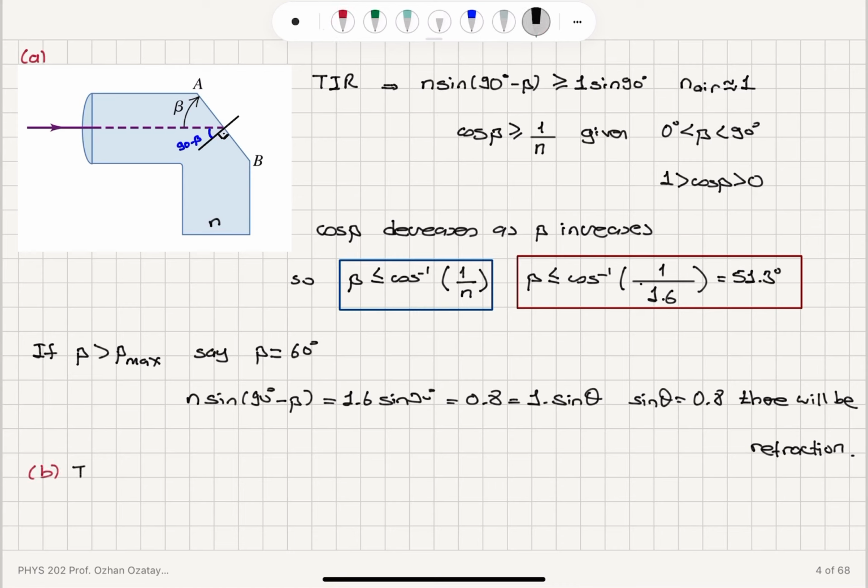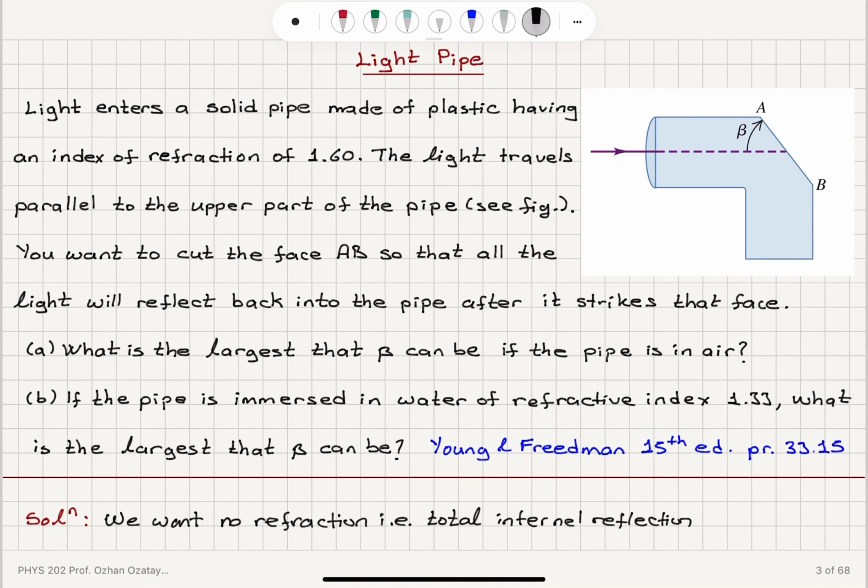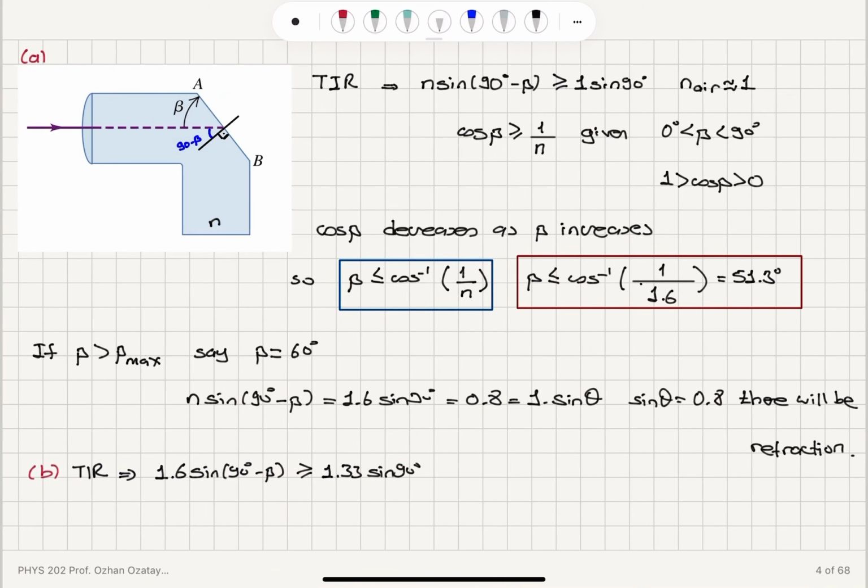For the total internal reflection condition, we have the index of refraction of the plastic 1.6 times sine 90 minus beta should be greater or equal to the index of refraction of water 1.33 times sine 90. All right, so that's in part B. We have a refractive index 1.33 for water, what is the largest that beta can be?